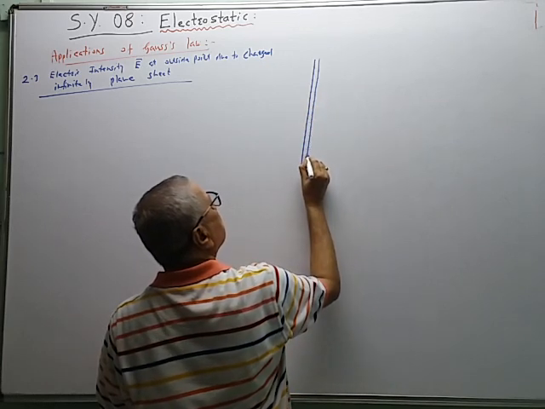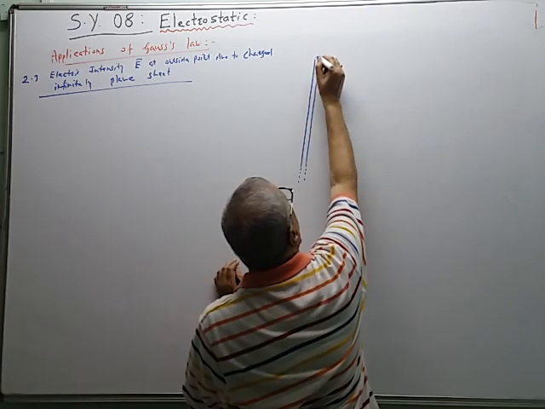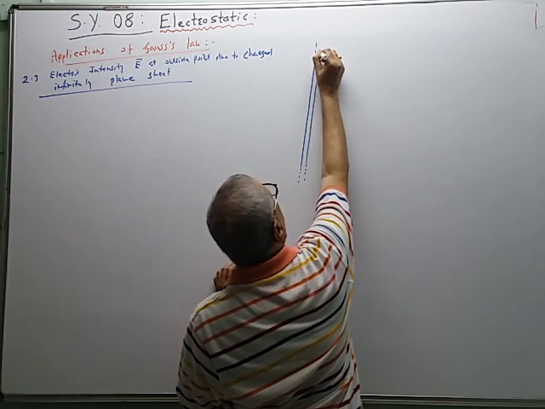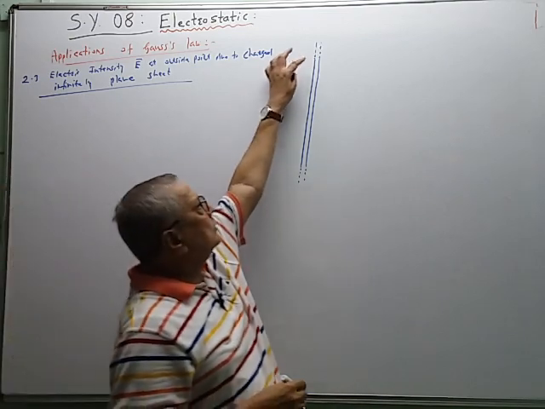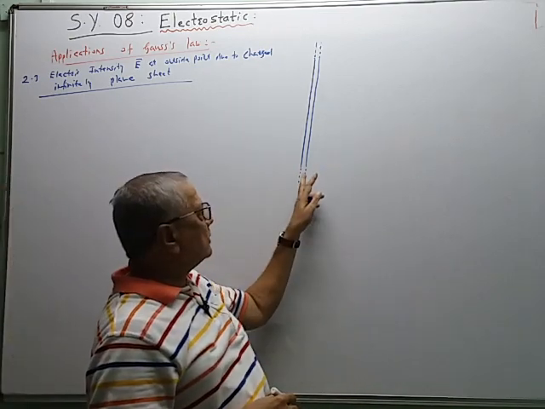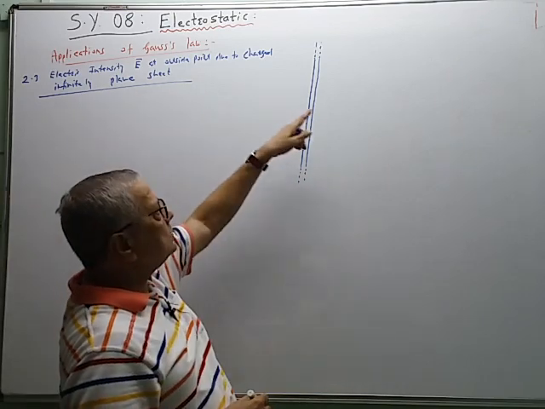This is a thin plate extending infinitely, up to positive infinity and up to negative infinity. So this is an infinitely long plane sheet.